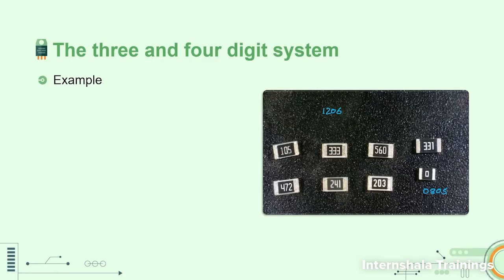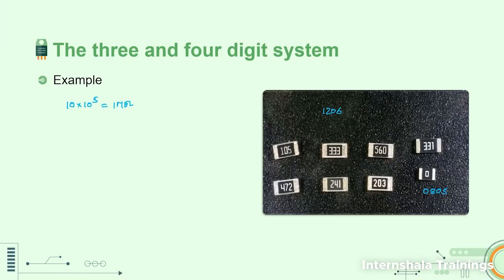Let's start with this particular resistor. On top of this resistor, you see 105 is written. What you have to do is first consider the first 2 digits, so you write 10, and then the third digit is going to be the multiplier, so it's going to be times 10 to the power 5. That gives us 1 mega ohm.